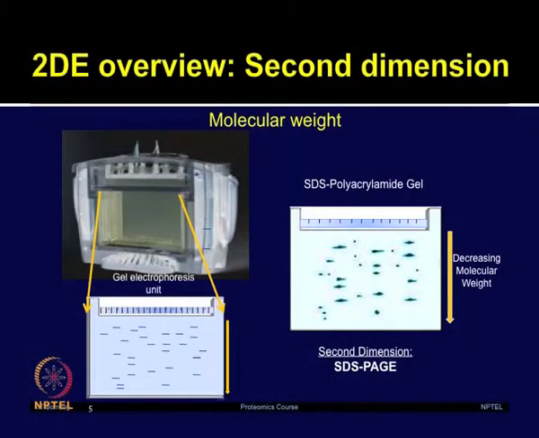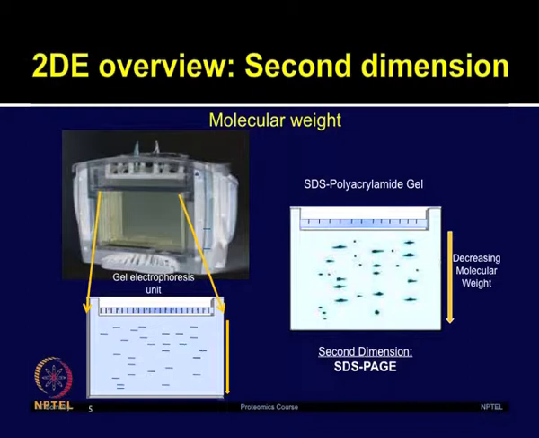After first dimension separation, if you remember, you need to do a treatment, which is equilibration. You want to prepare your strips for the second dimension separation. In equilibration, there were two essential components, and if you recall, we talked about DTT and iodoacetamide. After the equilibration treatment, you can separate the proteins in the second dimension based on molecular weight.